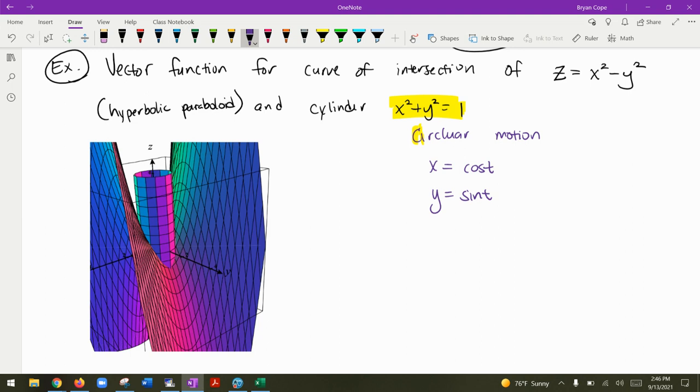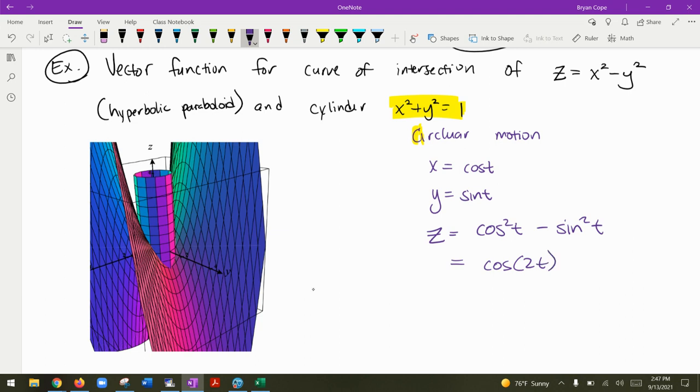You could even make it an elliptic cylinder, if you put a constant in front of one and a different constant in front of another. We could easily make this have a radius of whatever we want by just adjusting the constants in front of here. Now, z equals cosine squared t minus sine squared t. And the observant among you will notice that this is an identity for cosine 2t.